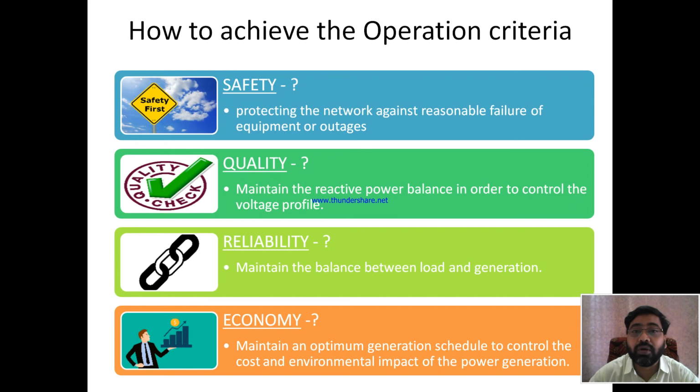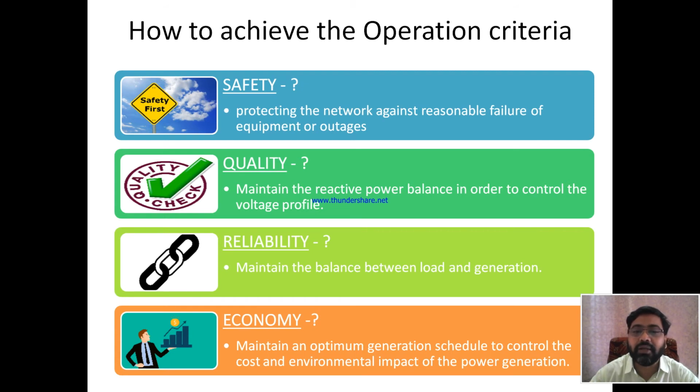Now, how to achieve these operation criteria. Safety can be achieved by protecting the equipment. Quality can be achieved by reactive power balance. One of the quality parameters is voltage, so the voltage profile can be maintained through reactive power balance. Frequency deviations are restricted by a device in the generating station called the governor.